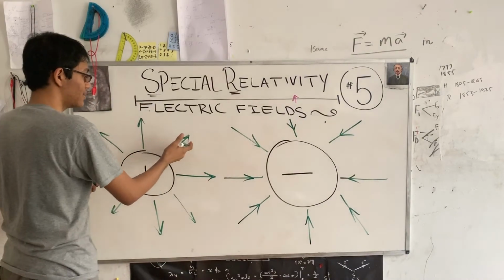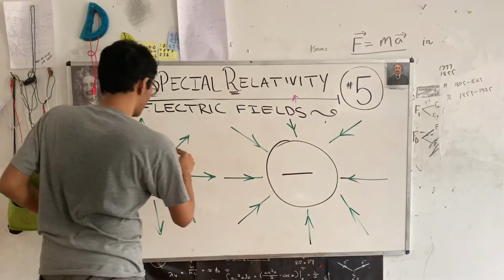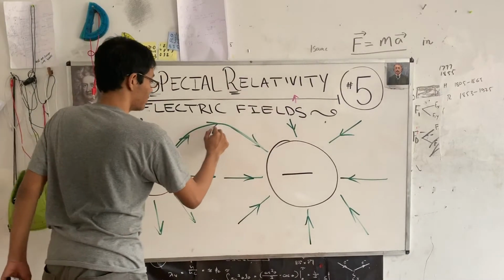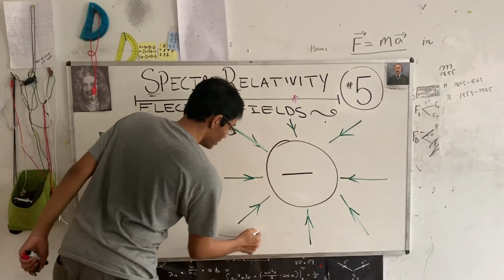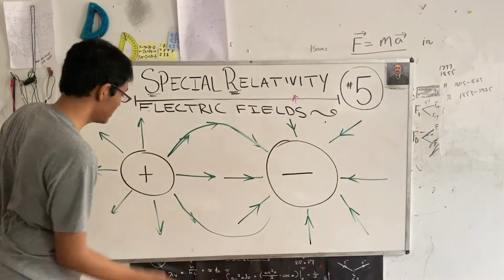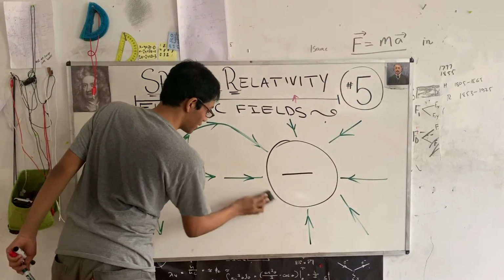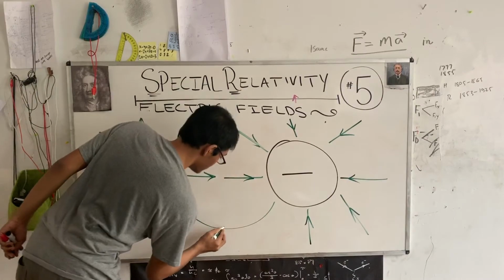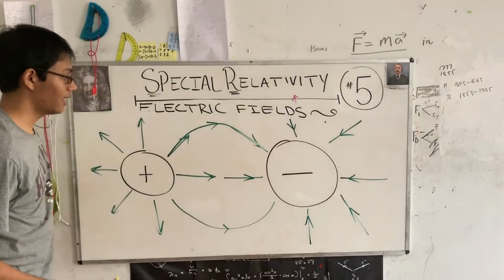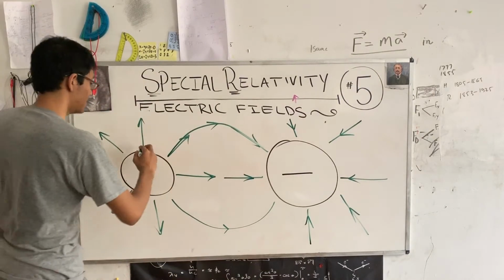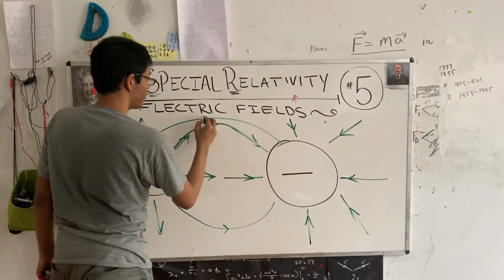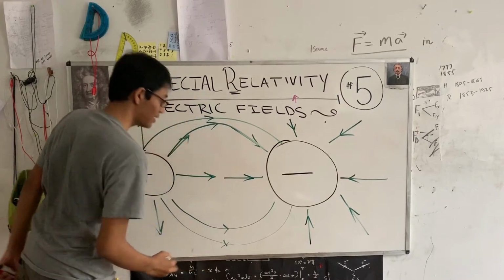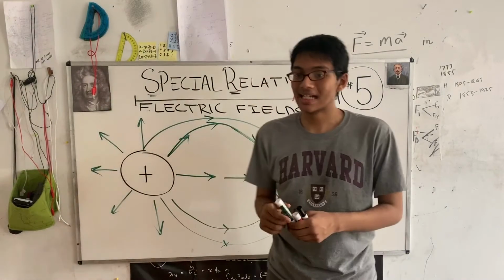Instead of just discrete, separate field lines, they'll connect with each other, something like that. So positive will go to negative. As you learned from your high school physics class, the positive charge will attract the negative charge, right? Opposites attract. So we'll have something like this, and of course the rest stays the same. Boom, from plus to minus, from plus to minus. Okay, so that's the electric field of an electric dipole.